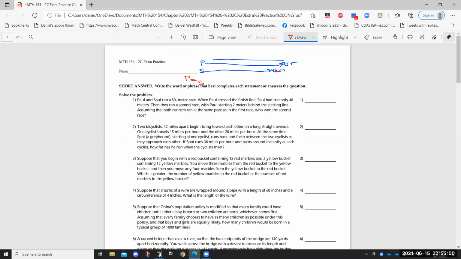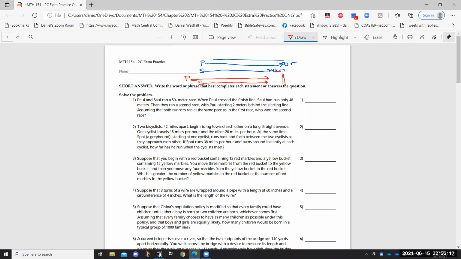So if I just move Paul back 2 meters, then his spot he would finish in the same amount of time is right there, at the same spot that Saul got to 48 meters. They both get to 48 meters at the same amount of time, but that's not where the race ends.